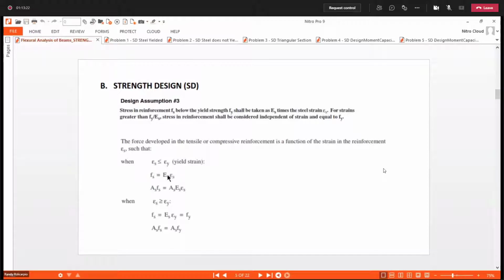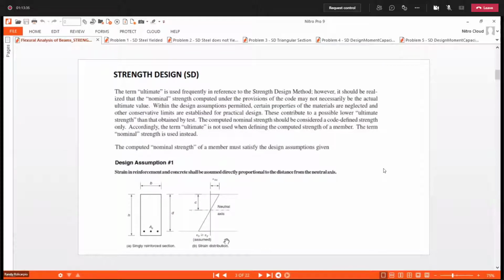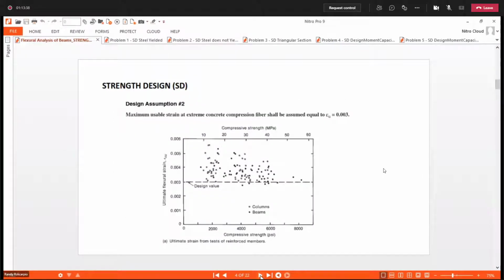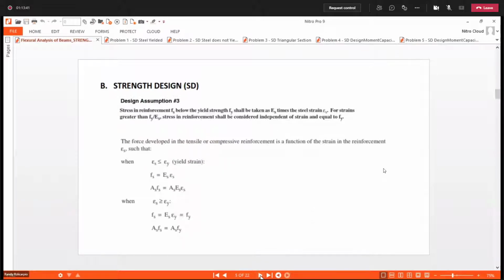Later we will see how we compute this epsilon s. We will go back to the diagram from earlier, and we will use it for the strain compatibility of our materials. It follows now that when we solve for the tensile force, As Fs is known as the tensile force in our reinforcement.